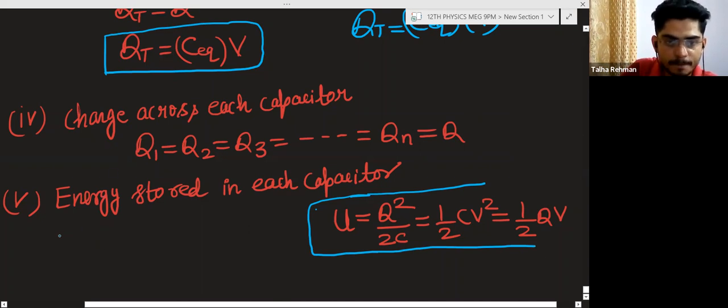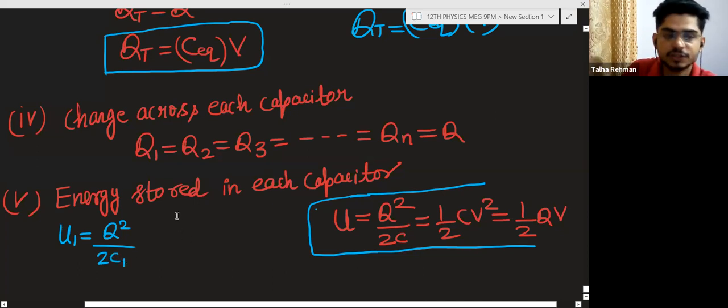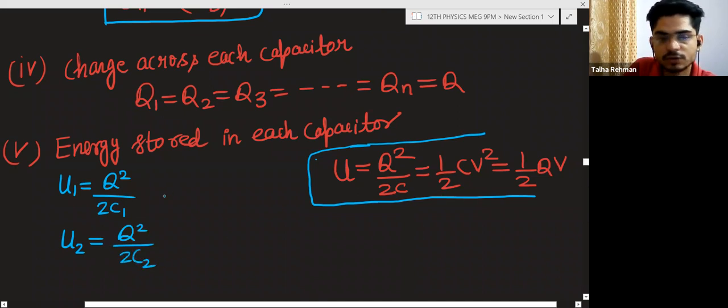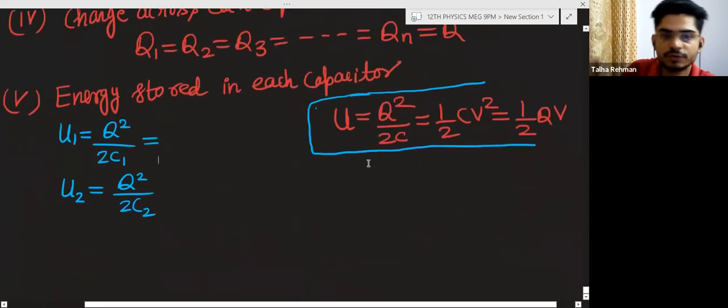So here U1 is equal to Q square, charge is same, by 2 into C1. Energy stored in capacitor 1. Energy stored in capacitor 2 is Q square divided by 2 C2. And you can also write this as half Q1 into V1.